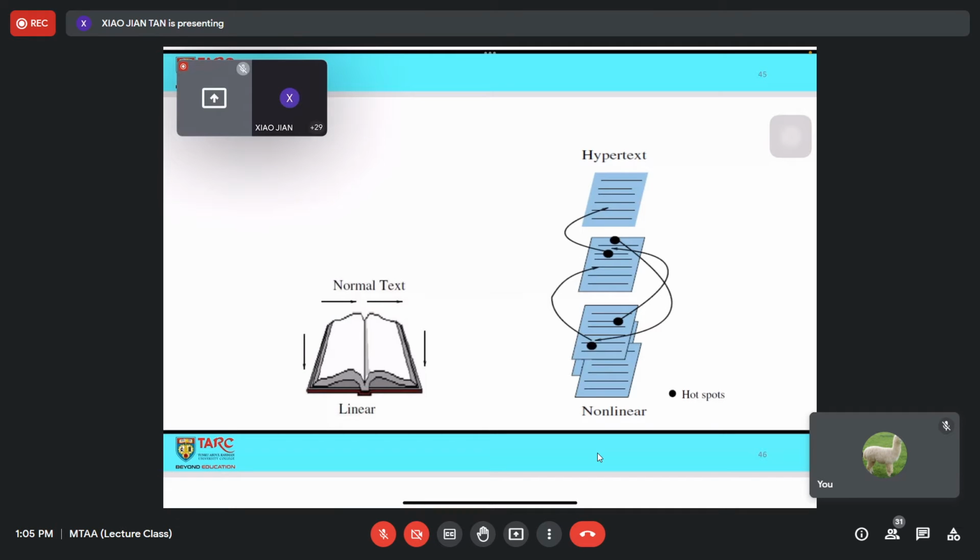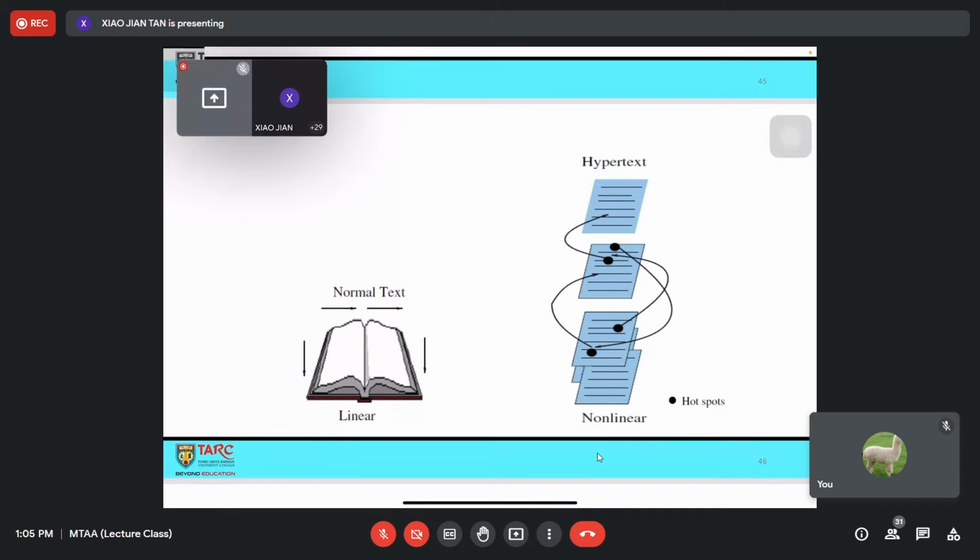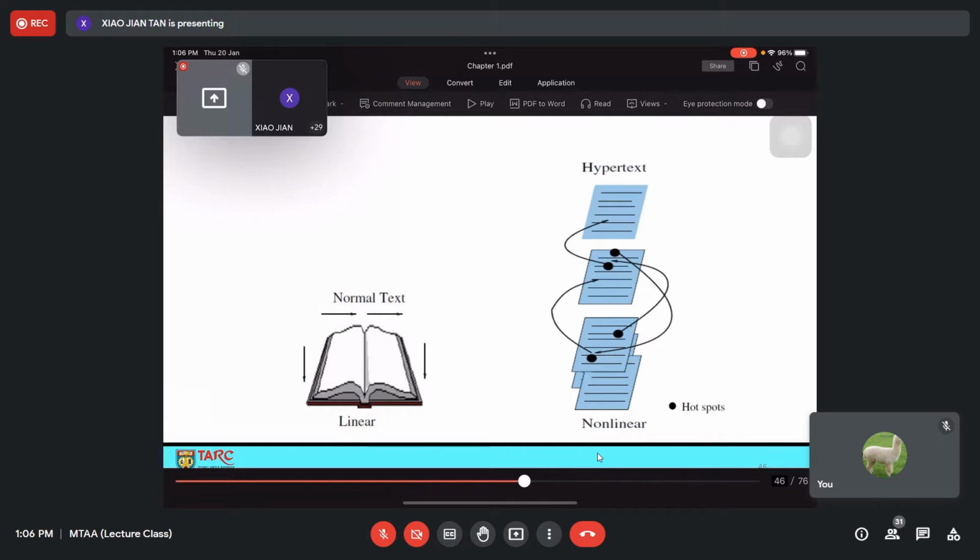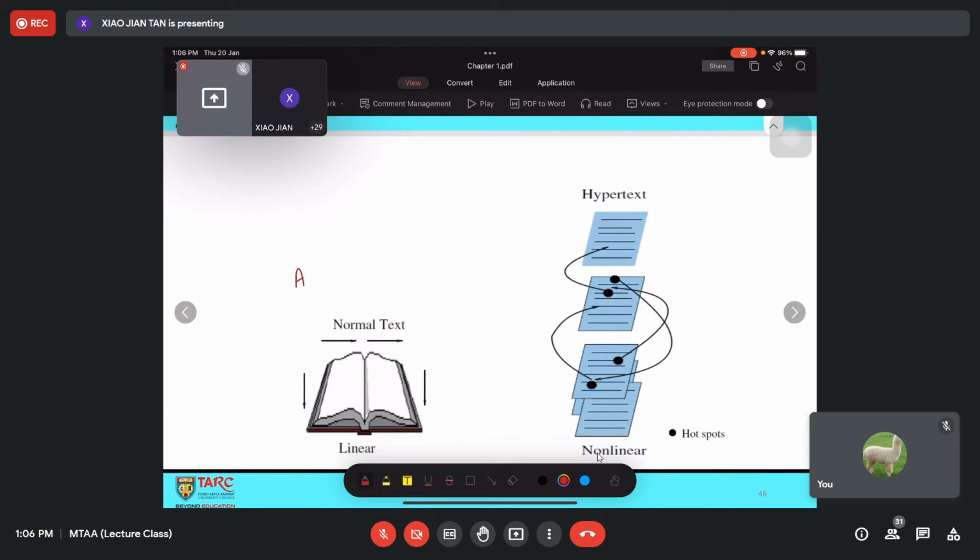Linear is like you're reading a book starting from A to Z. You have to read from the start point to the end point in order to comprehend the content or the information. So for this kind of media, we know it as linear media. And for those like the internet, you click on a hyperlink or a graphic, it will prompt another page and lead you to another information page. So those would be known as non-linear.